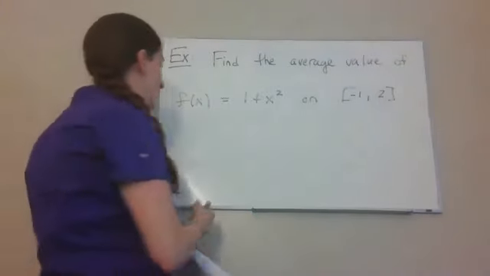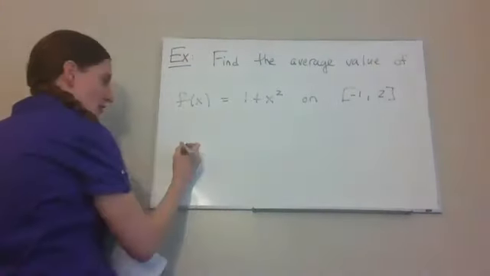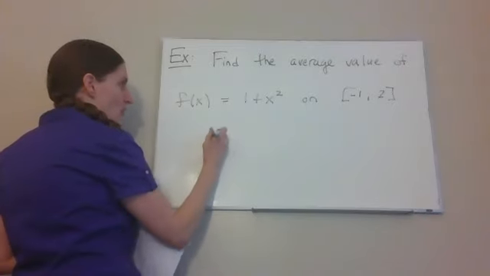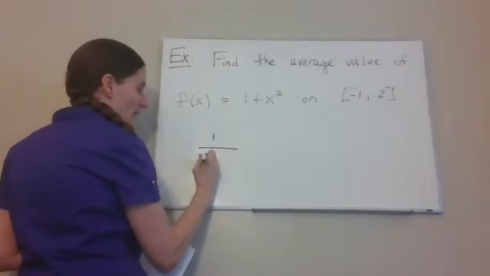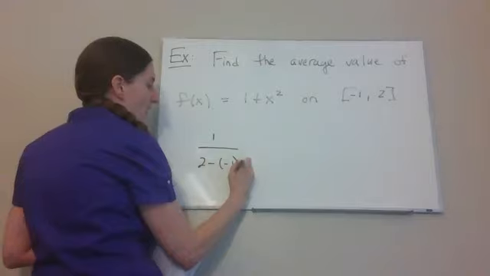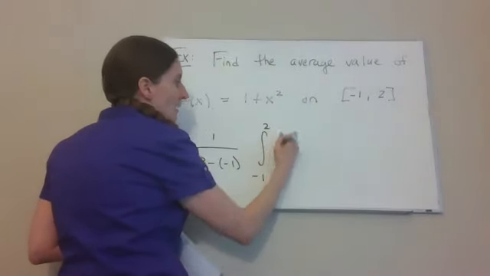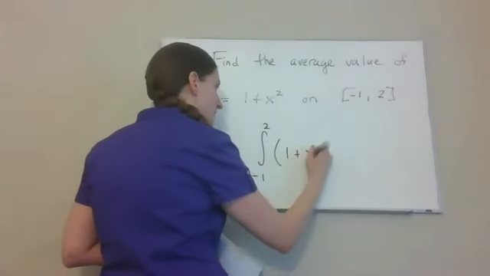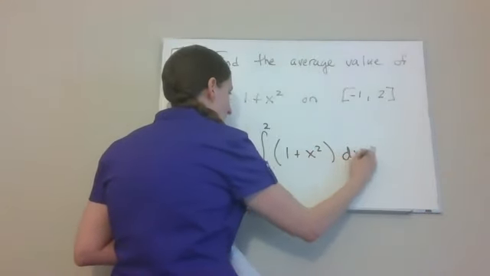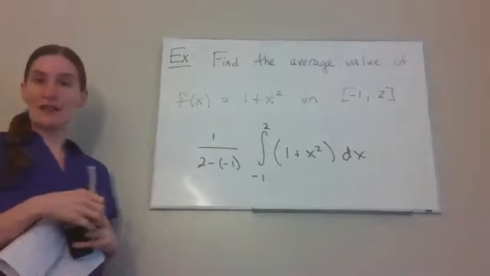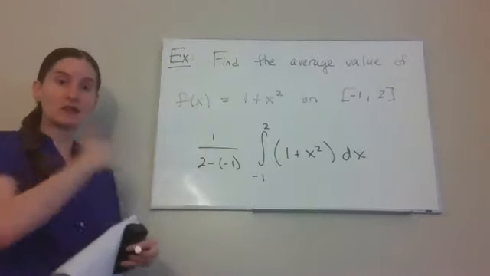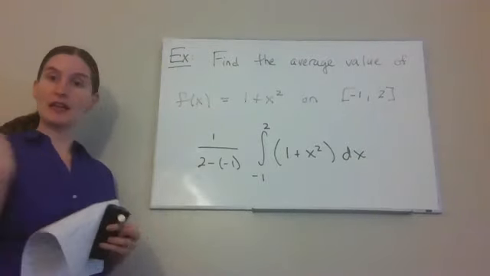So I'm going to write down that my average value should be equal to 1 over b minus a, the integral from a to b of f of x dx. To get the average value of the function, I just have to evaluate what this definite integral is.